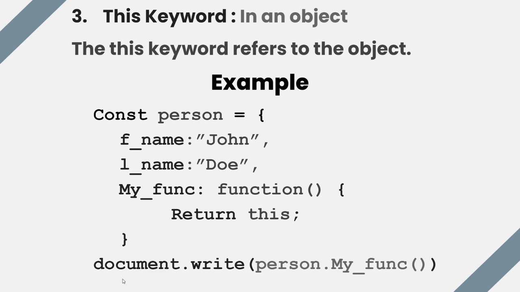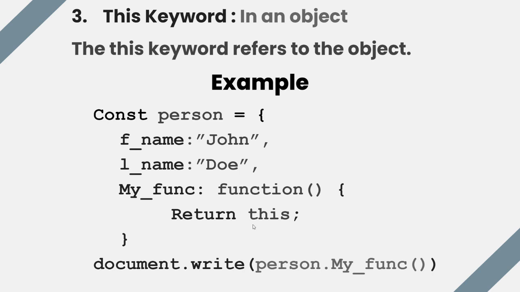Hence, this function is known as an object method. So this is an example of what I meant by an object method. The value for this key here is this function here. And if you notice well, the function here doesn't have a name. That's because it can be referenced by this name here, that's the property name.